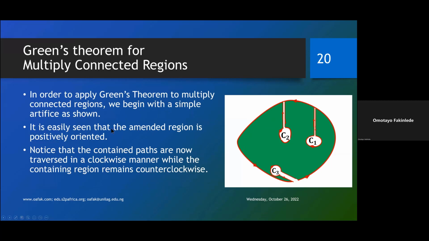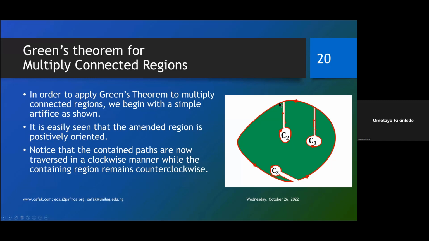It is easily seen that the amended region is positively oriented. Notice that the contained parts are now traversed in a clockwise manner, while the containing region is traversed counterclockwise. See me, if I want to go around the thing, I am going counterclockwise. Then I come in through this channel and I go clockwise, and I exit and go counterclockwise again, and I come in through this channel and go clockwise.